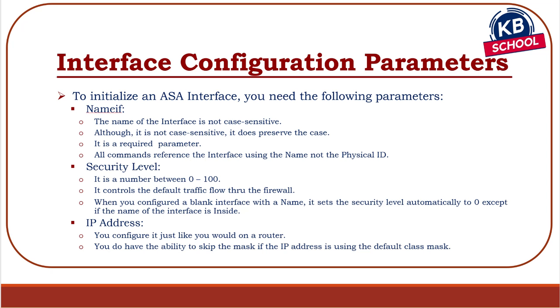That's the other important configuration parameter that you have. The IP address is pretty much the same as a router with one subtle difference. If you're assigning an IP address to an interface that is using the default mask, for example, if I'm assigning 192.1.20.10/24 to the interface, under the interface command I don't need to put the mask.